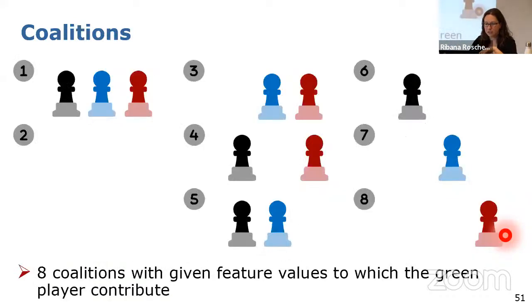So what you actually do when you want to analyze the green player and how it contributes to, for example, such a coalition, you treat the other features as unknown. That means you randomly sample from the data set, and then the effect is marginalized out.